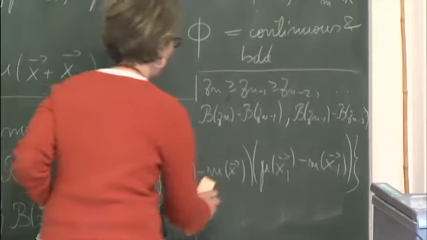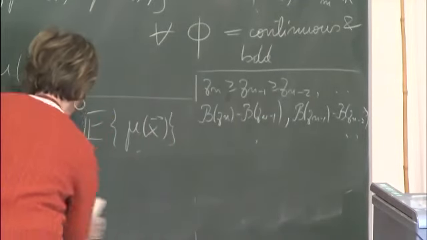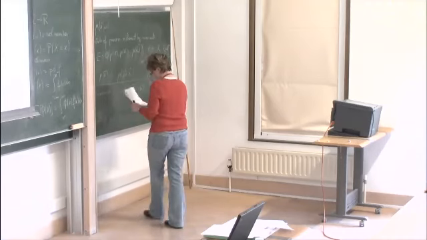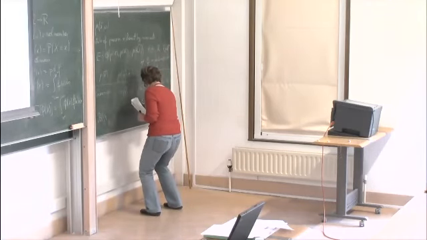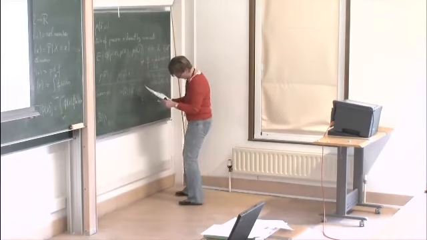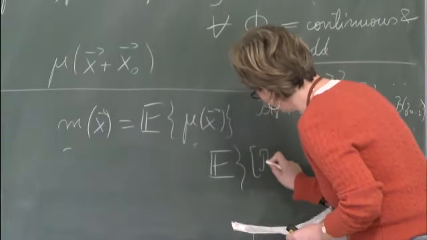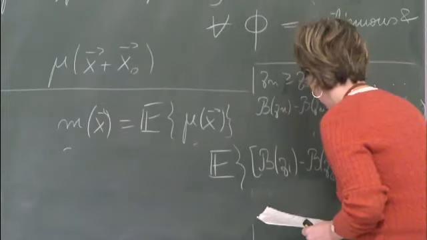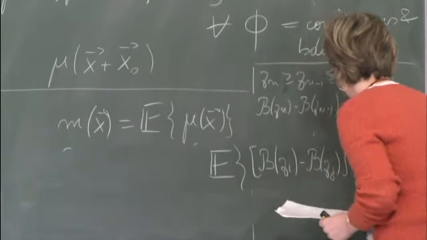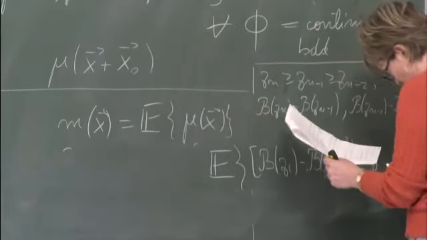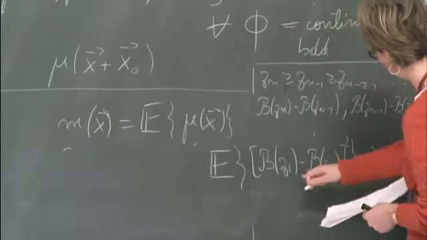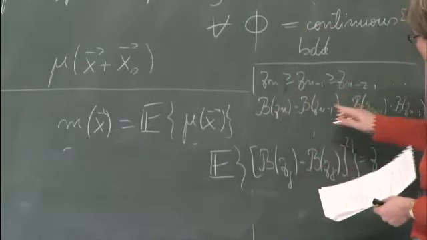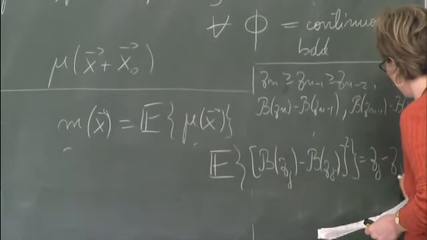They have mean 0, and also, if you look at the variance of these increments, Bzj minus Bzj minus 1 squared, then they are ordered already, so this is Zj minus Zj minus 1.